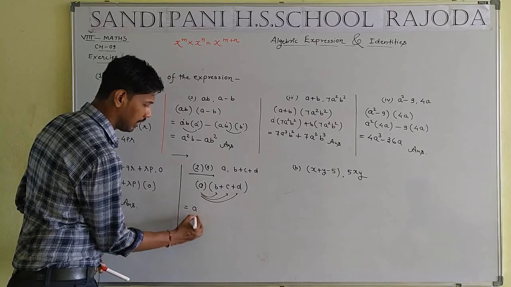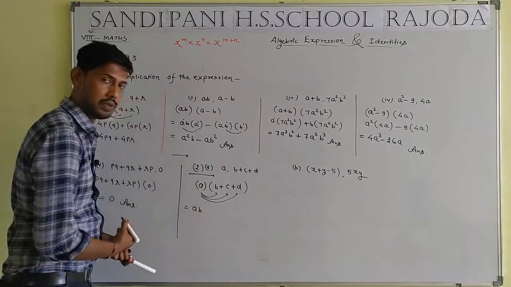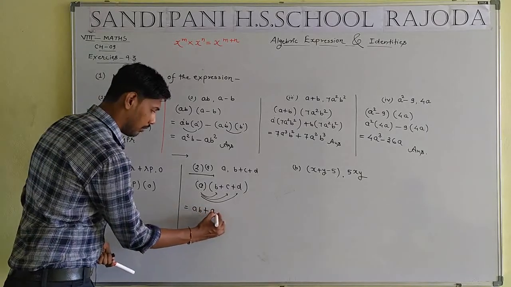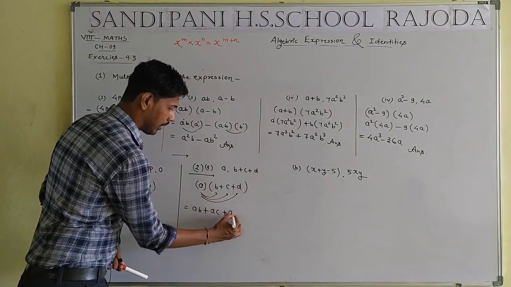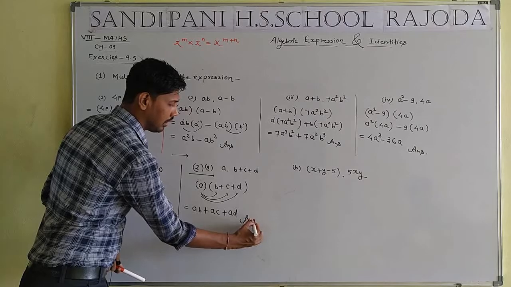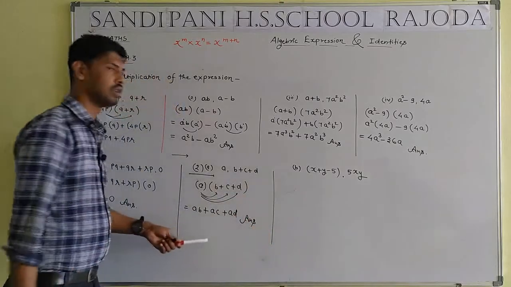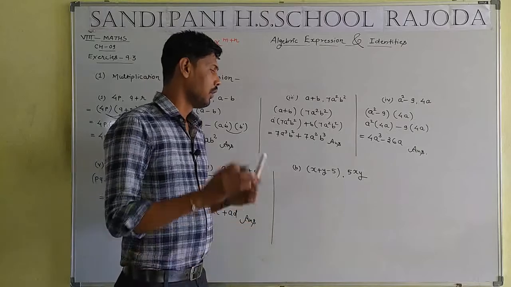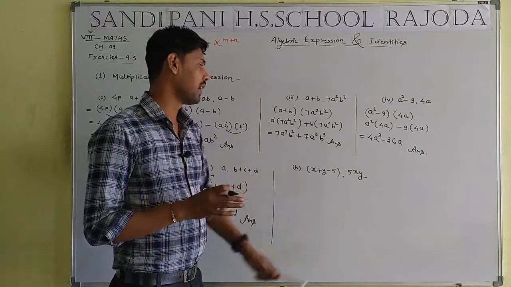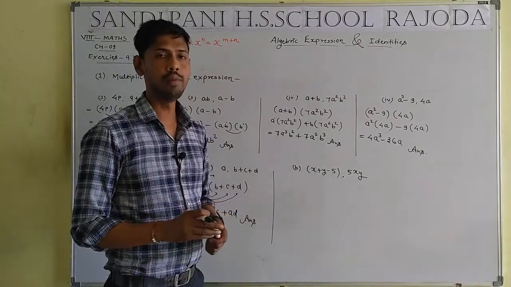So a multiplied by b, a multiplied by c and a multiplied by d. Okay, student. There is another solution of question number first. Now last question, x plus y minus 5 multiplied by 5xy.